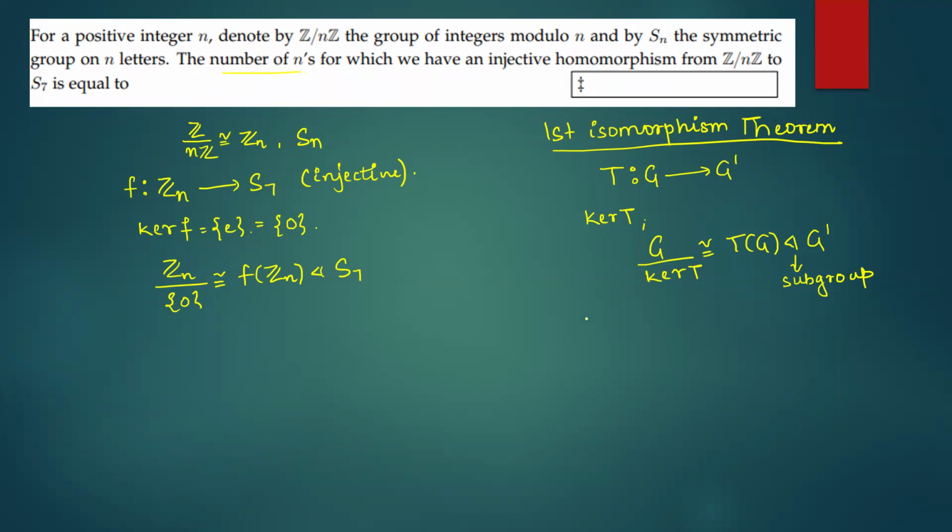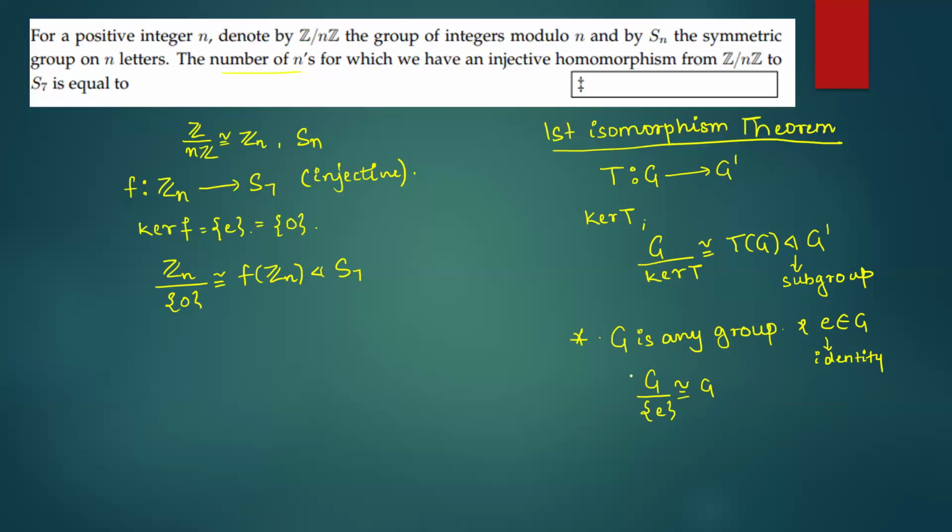The next thing we are going to use: if G is any group and E is the identity element of the group, as it is a group, the identity exists. So we have G modulo this identity element, which is always isomorphic to G. You can easily construct an isomorphism between these two groups.